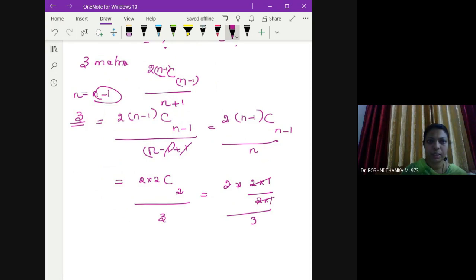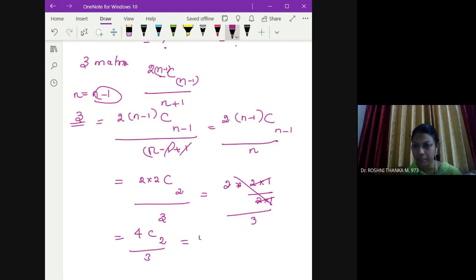Wait a minute. So 2 into 2, sorry, how can I solve? One second. Rather than writing like that, I'll solve it like 4c2 divided by 3, right? 2 2s are 4, so I can write 4c2 divided by 3.